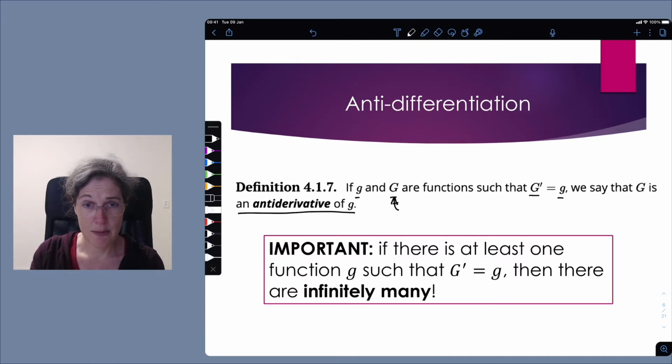There was only one. But in fact, as we've seen, there are many antiderivatives. So here's the important thing to remember. If there's at least one function little g, such that big G's derivative is equal to that little g, then it turns out actually there are infinitely many. And we'll see why in a moment.